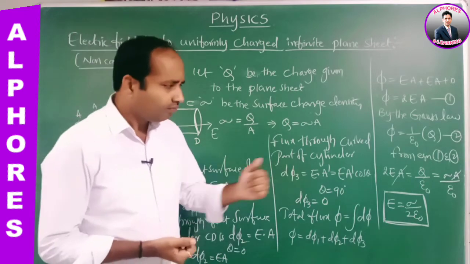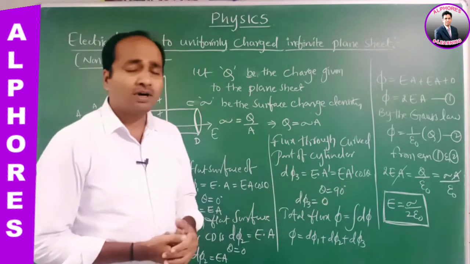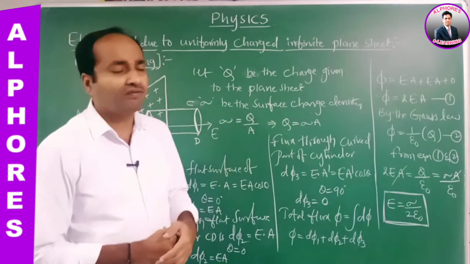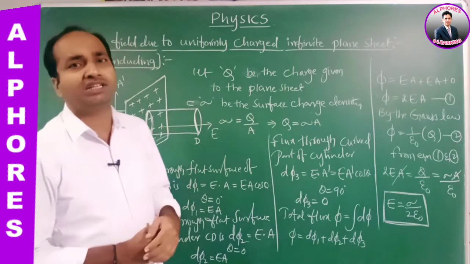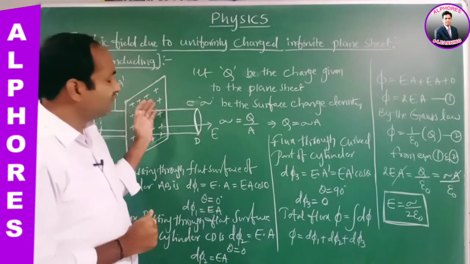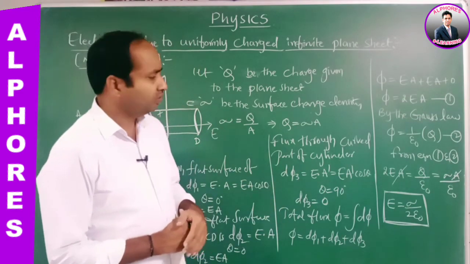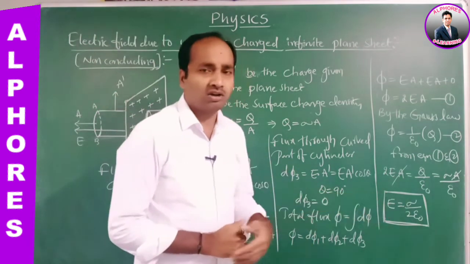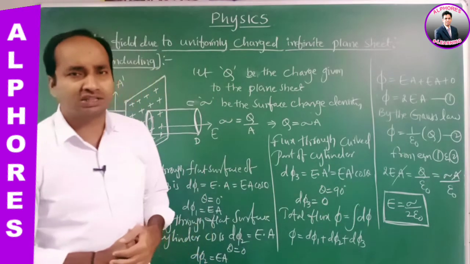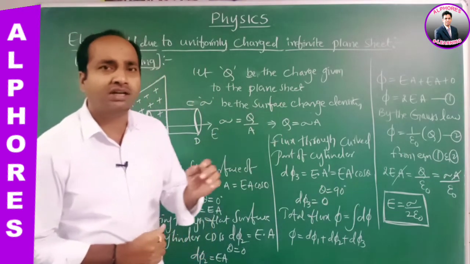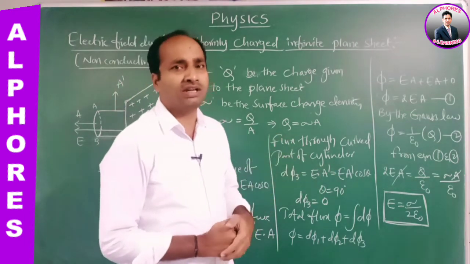Sigma is positive when the charge given to the plane sheet is positive, and negative when the charge given to the plane sheet is negative. E is equal to sigma by 2 epsilon naught is the electric field intensity due to a uniformly charged infinite non-conducting plane sheet.